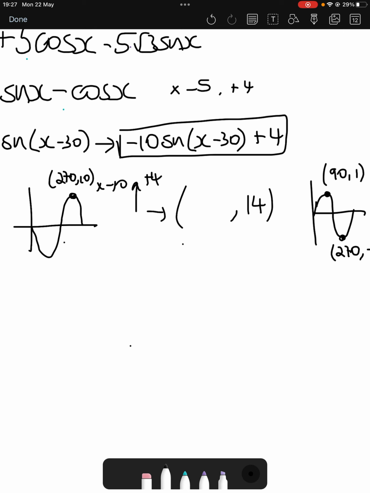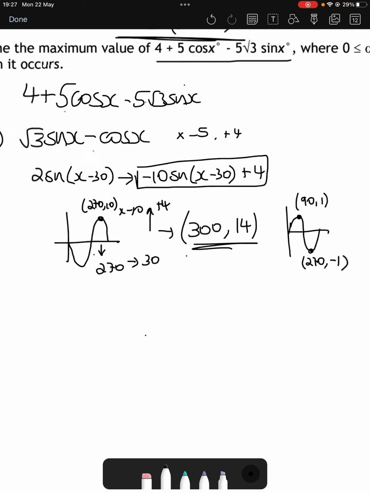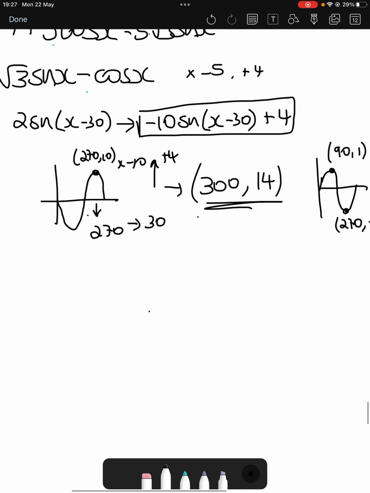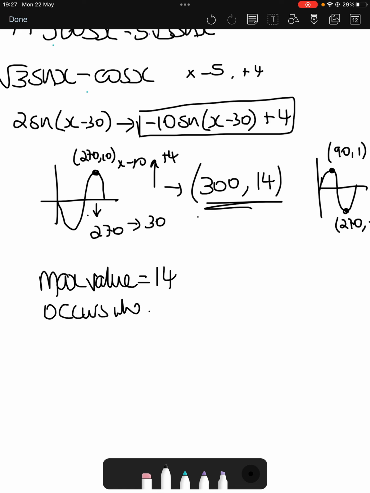How do we figure out what that something is? Well, we have this minus 30. So we know that normal sine is at 270, but our graph is moved that way 30 places. So that's going to take us to 300. So you can write it as a point like I have. We could write it as max value is 14 occurs when x is 300 degrees.